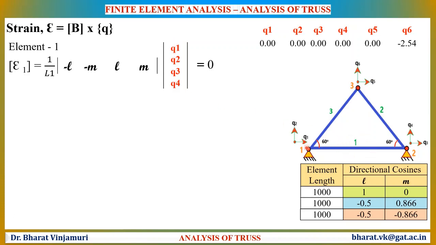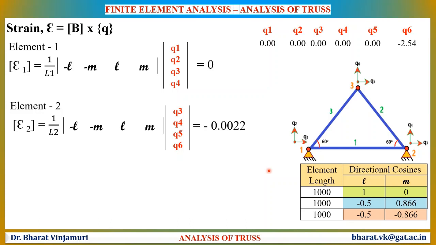Since element number 1 is in between Q1, Q2, Q3, Q4, these are the values which have to be noted here. By substituting these values, we will be getting the strain in the first element as 0. Since the force is only applied exactly at Q6, there is no strain in element number 1.